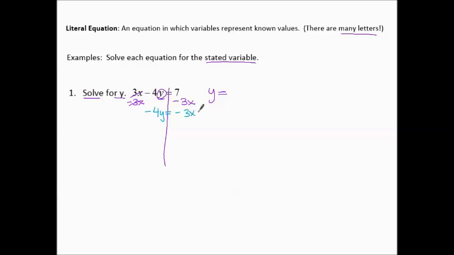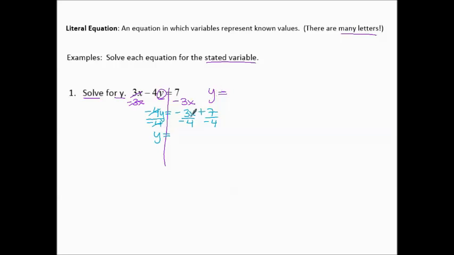Negative 3x plus 7. The last thing we're going to want to do is divide both sides by negative 4 to try and get y by itself. My inverse property says that my negative 4's will cancel, and I get y equals. Here, we're at the goal that we wanted, y equals.